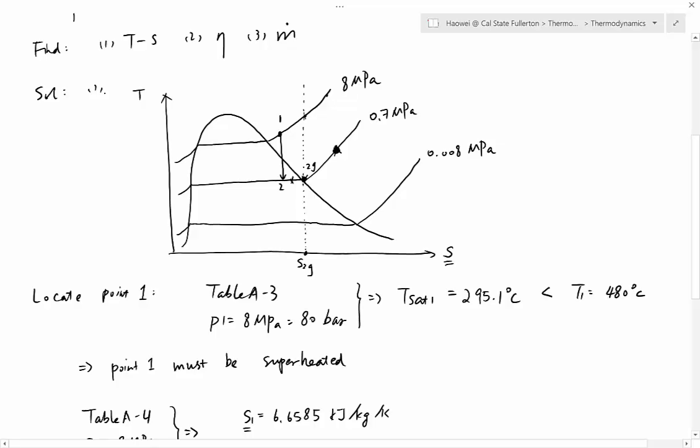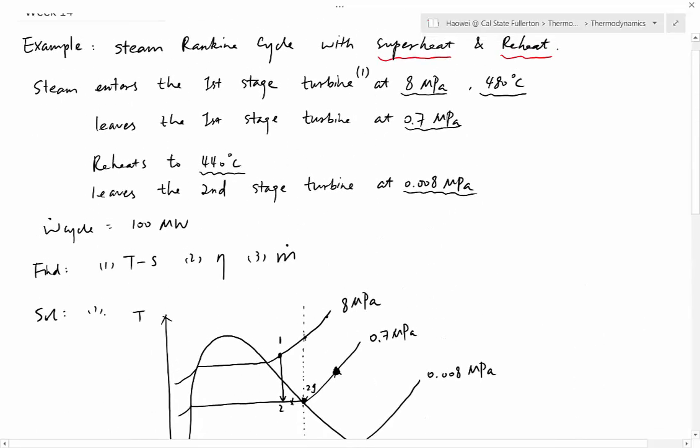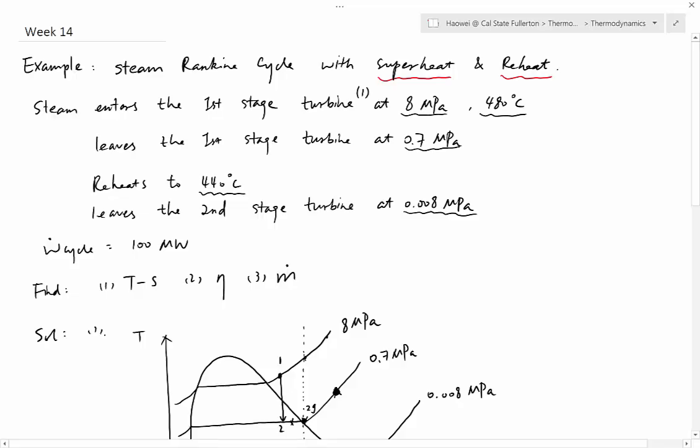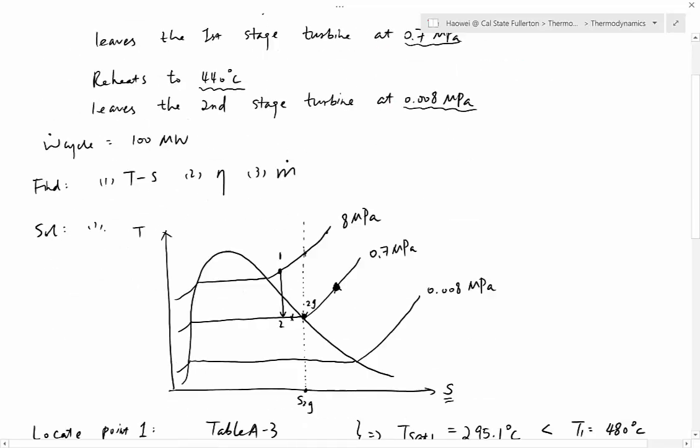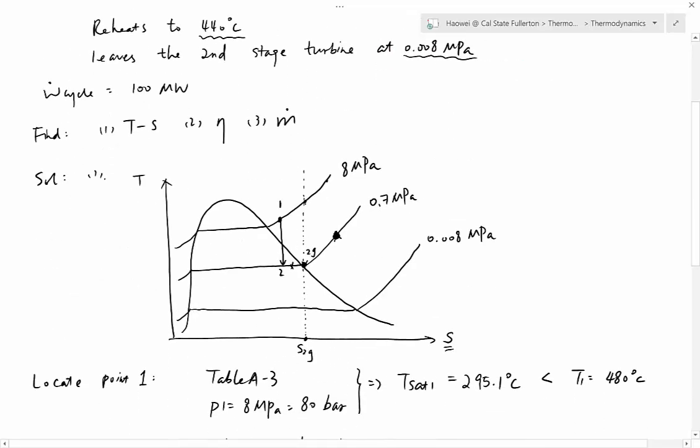Why? Because T1 is given as 480 degrees and T3 is given as 440 degrees. So T1 is actually higher than T3. So when you sketch number 3, you have to make sure number 3 is a little bit below number 1 because the y coordinate is temperature and T3 is less than T1. So put number 3 below number 1. This is our point number 3.